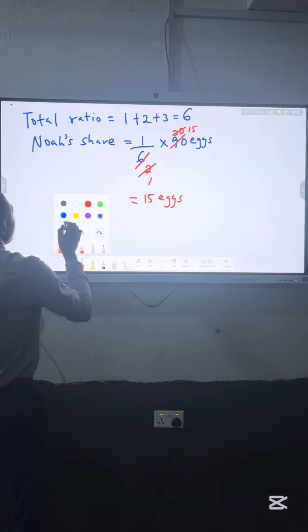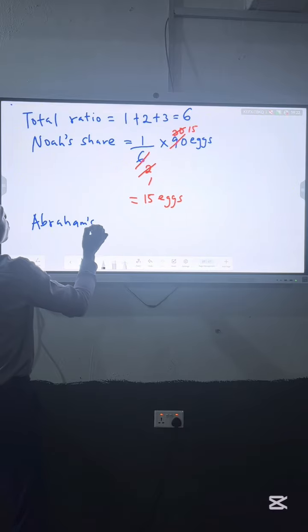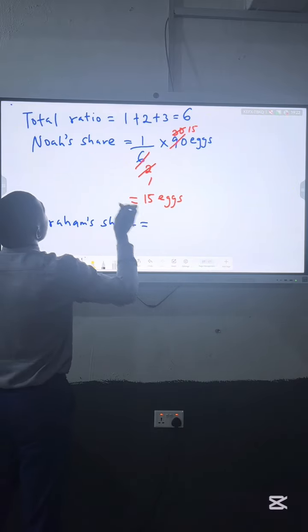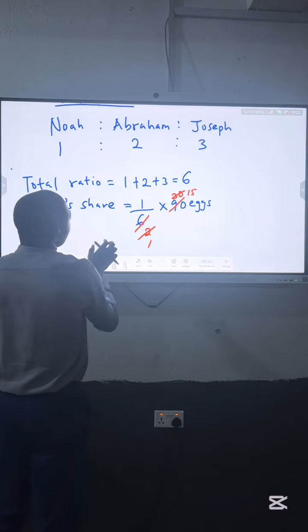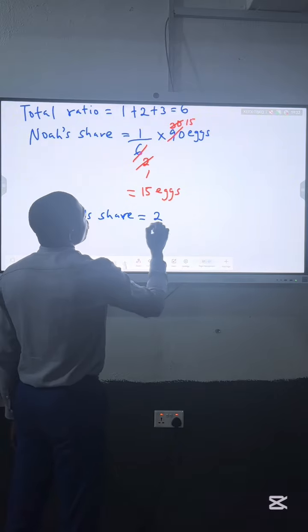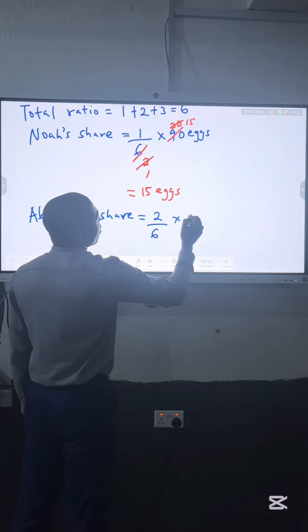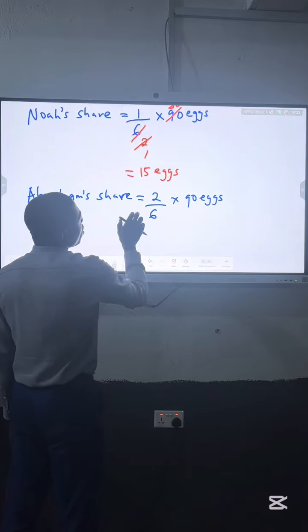Now, next person quickly, the next person is Abraham. So we're going to say Abraham's share. If you check very carefully, you see Abraham's ratio is 2. So Abraham's share is going to be 2 over total ratio 6 multiplied by what they are given to share.